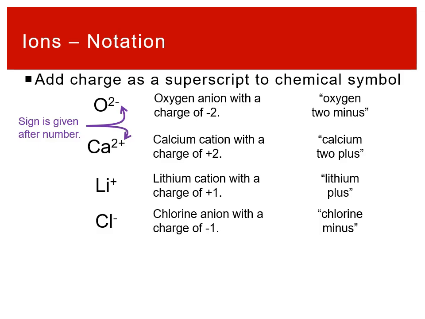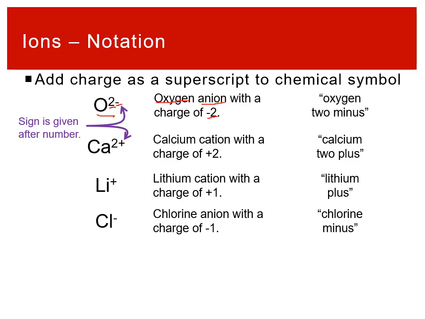So for example, for an oxygen anion, if we want to parse this out, it's called oxygen, so we have that with the O. And then the anion is represented by the fact that there's a negative and a charge of 2-. So we put the 2 in front of the negative sign when we're denoting the charge in the symbol.